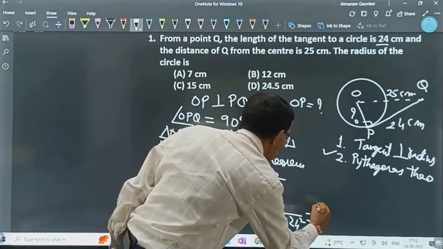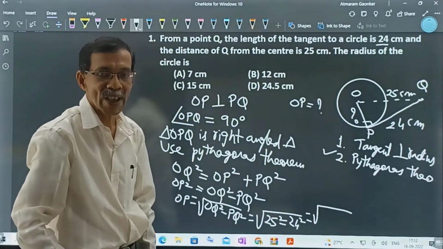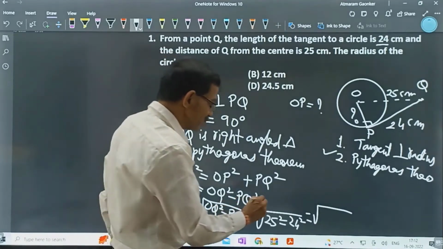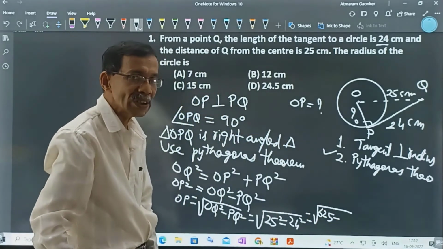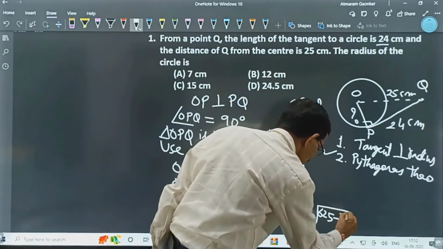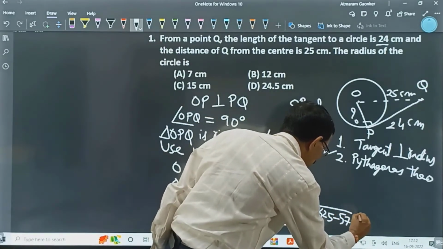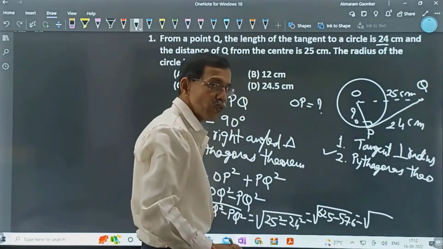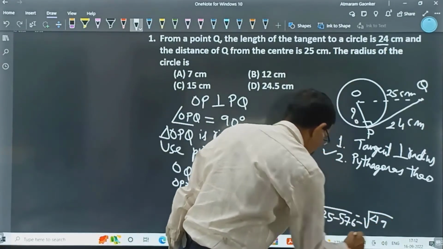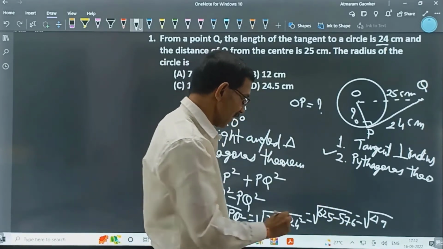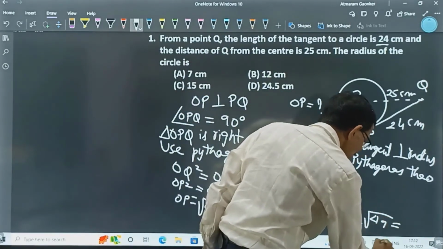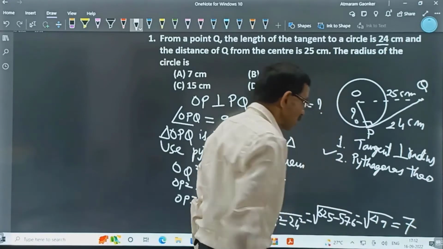Square of 25 is 625 and square of 24 is 576. 625 minus 576 works out as 49, and square root of 49 is equal to 7.